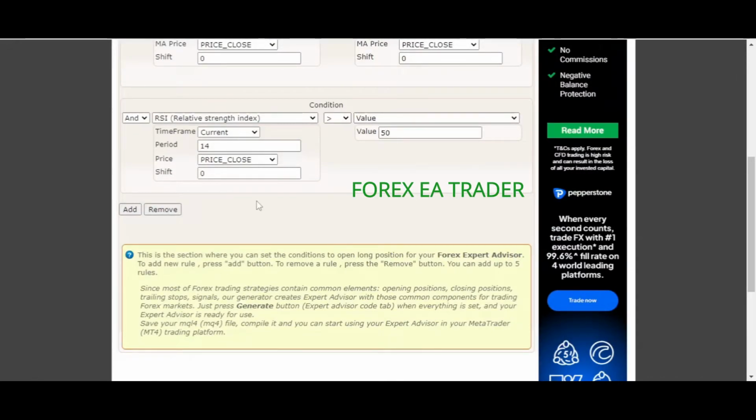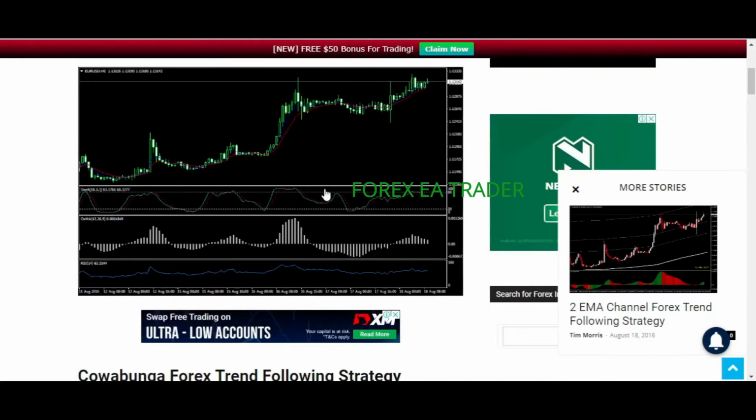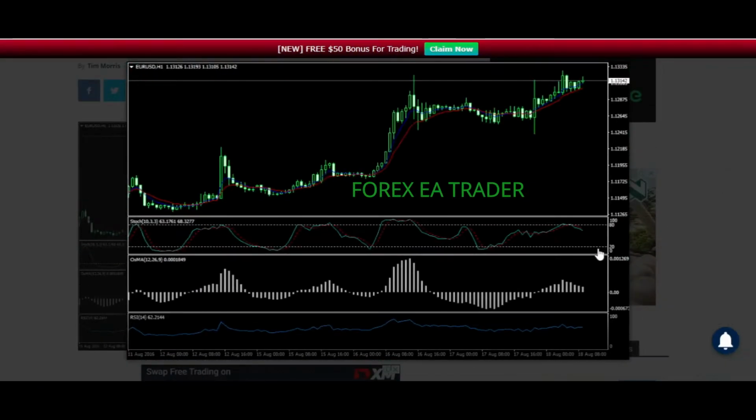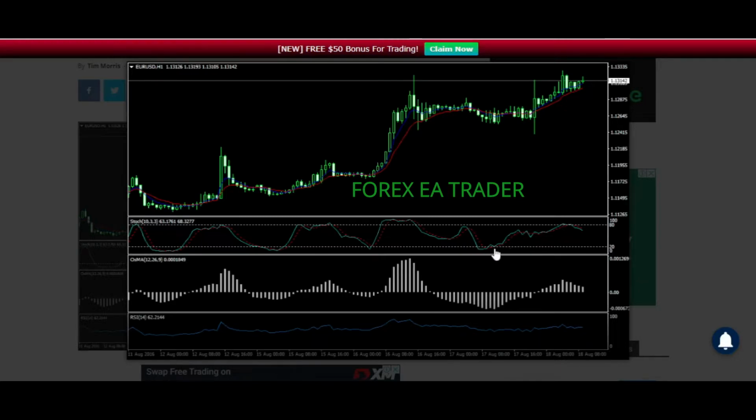50, that's the RSI. Next, the stochastic. It needs to be heading up and not in overbought territory. So from what I can see from this chart, oversold is below 20 and overbought is above 80.